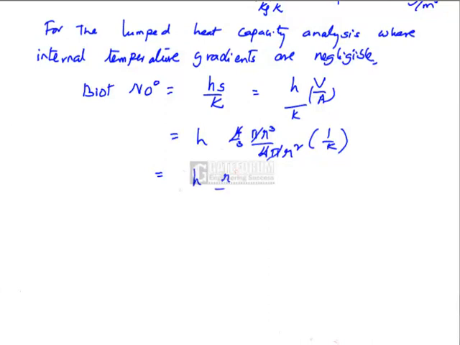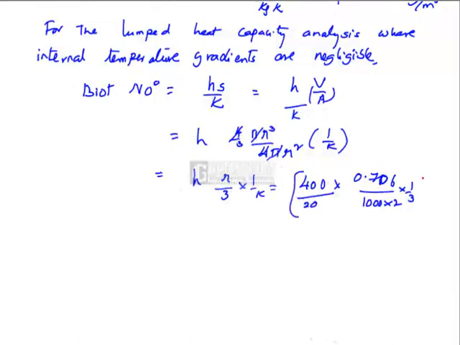It results in r by 3 into 1 by K, where H is given as 400, r is 0.706 divided by 1000 divided by 2 into 1 by 3, where K value is given as 20 watts per meter Kelvin. Since it is much lesser than 0.1, lumped heat capacity analysis is valid.